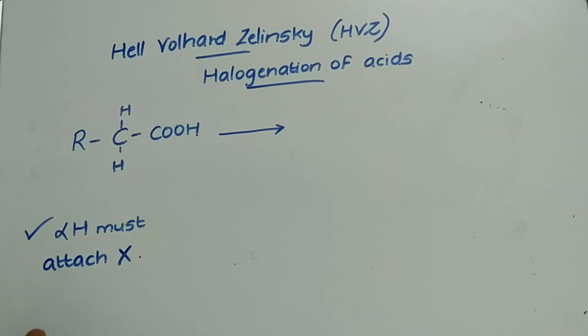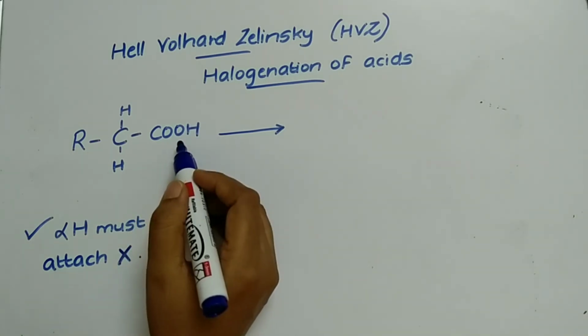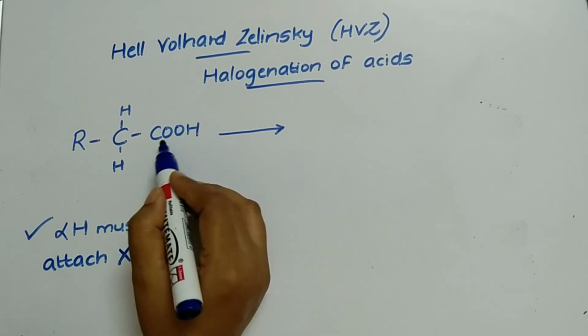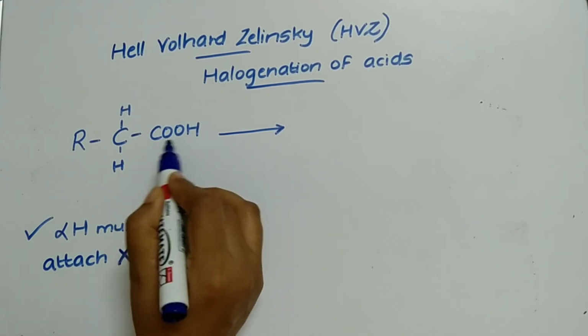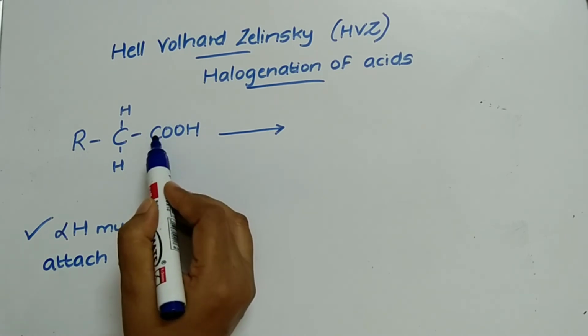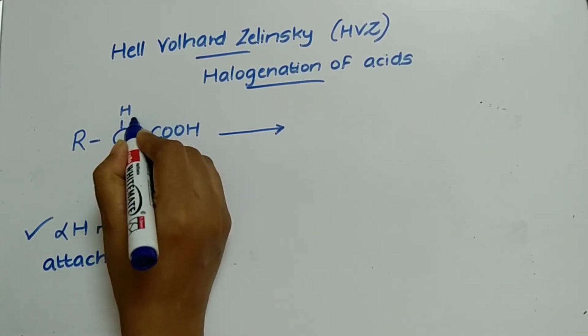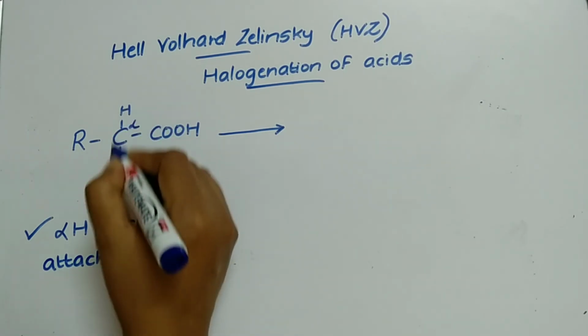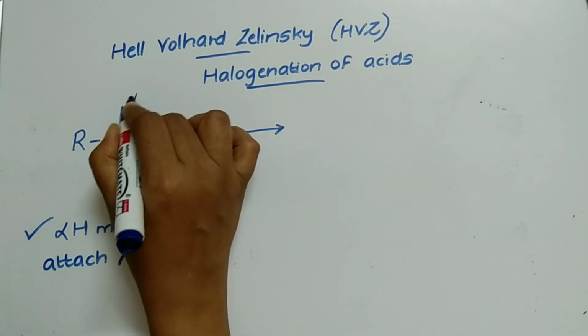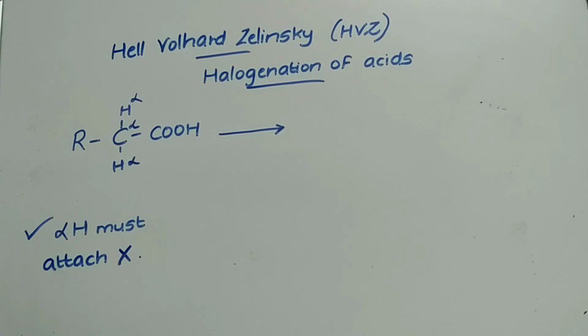So what is needed here? Alpha hydrogen. How do we identify it? The functional group, the acidic group, is here. The carbon attached to that functional group becomes the alpha carbon, and the hydrogens attached to it become alpha hydrogens.